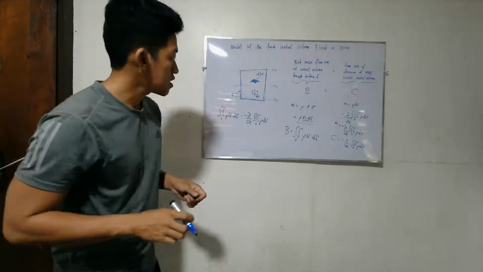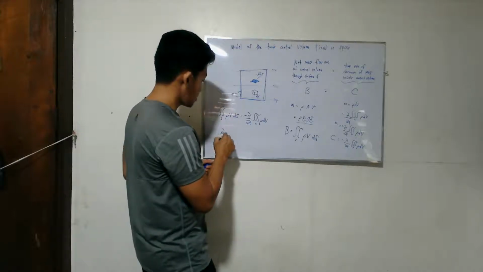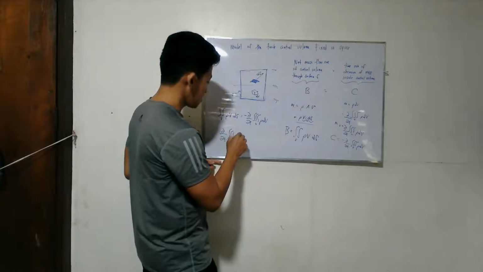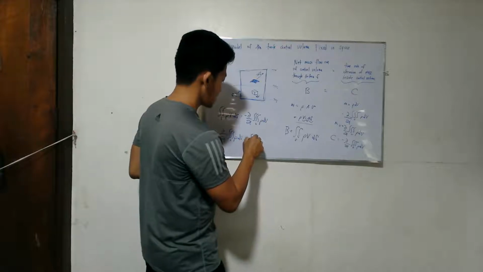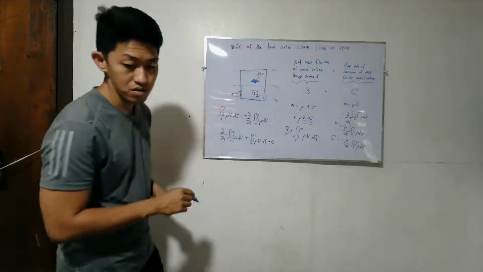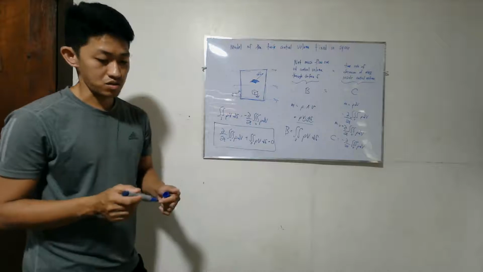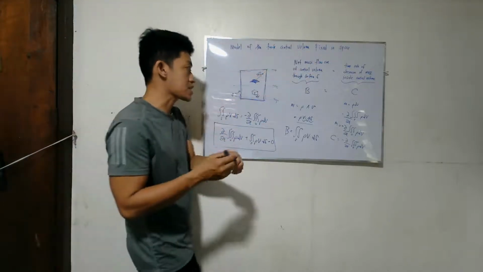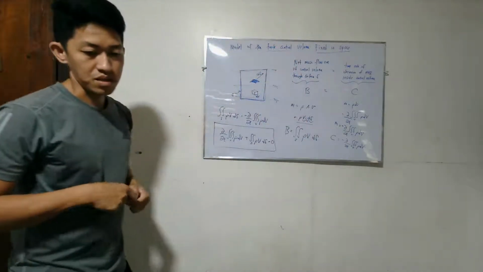Rearranging, this becomes partial of the integral of rho dV plus the surface integral of rho v dot dS is equal to 0. So this is now your continuity equation for the model of the finite control volume fixed in space.